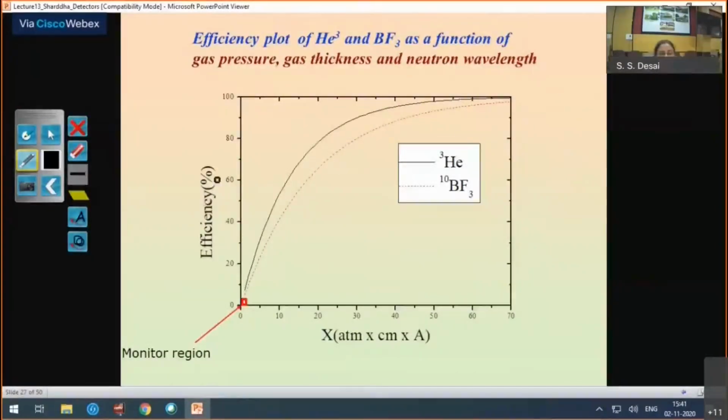If you want an efficiency beyond 80 to 90%, then your X factor should exceed 45 to 50%, so you get the most efficient detector. Here we can see that BF3 has a smaller neutron absorption cross section, plus there is another constraint on filling it at high pressure. So for higher efficiency, helium-3, which can be filled at any atmospheric pressure, is the best option, but cost is another issue.